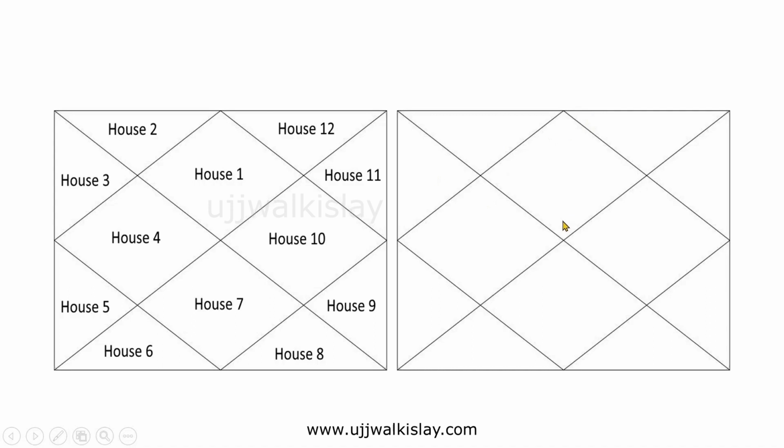There is no need to write house 1 or 2 here because it is well understood that this box will always represent the first house or the ascendant. And similarly, we can know which house is denoted by which box. In the houses, we will fill the Rashi and the planets to generate our required horoscope.